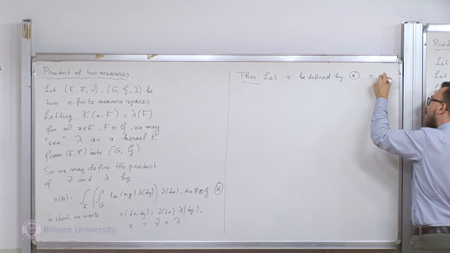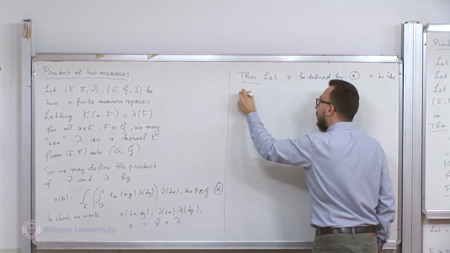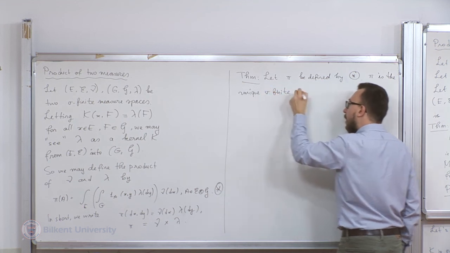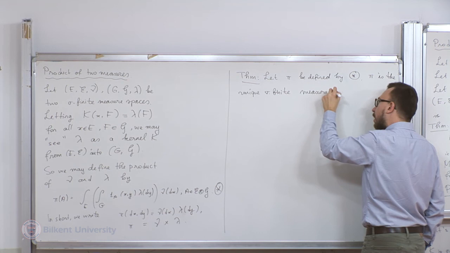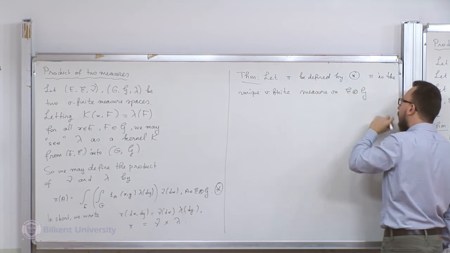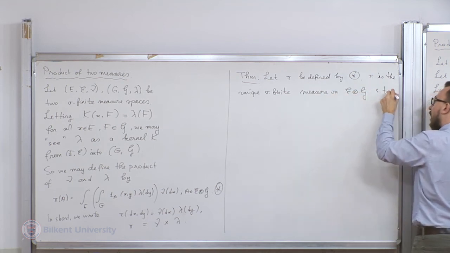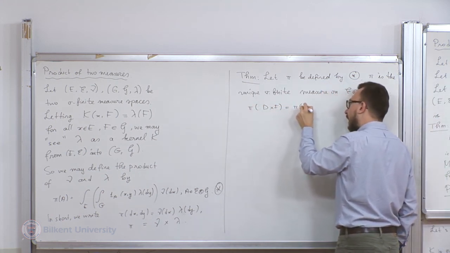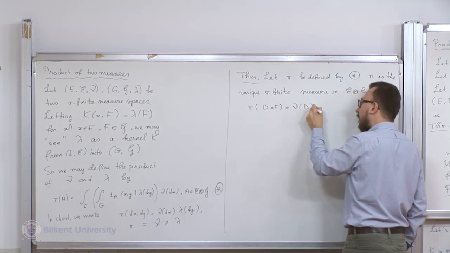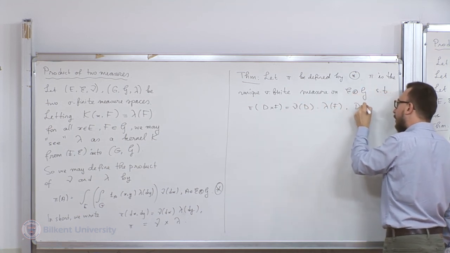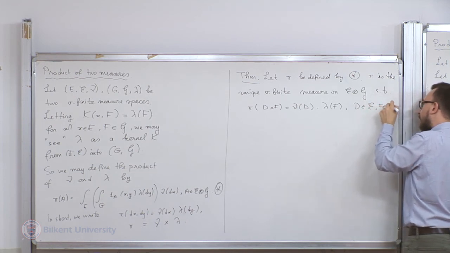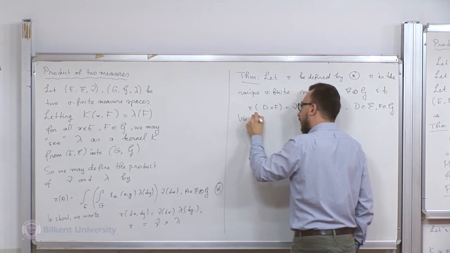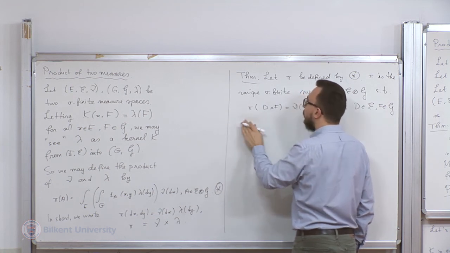So pi is the unique sigma finite measure on E script G such that pi of D cross F is nu of D times lambda of F for all D in script E and F in script G.